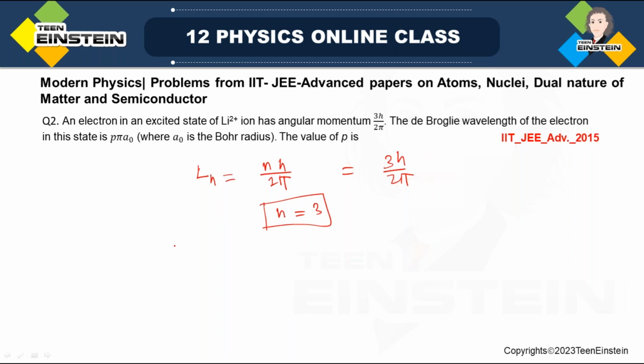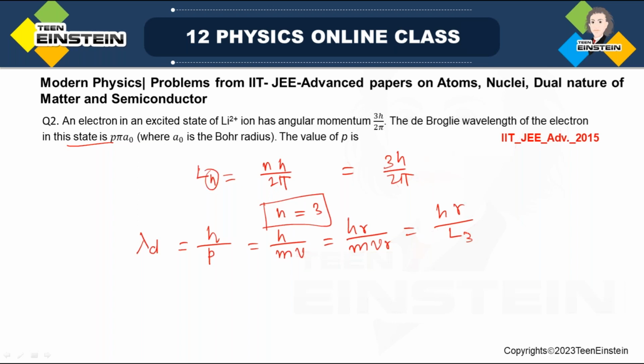Now we know the de Broglie wavelength lambda d will be h by p. p means h by mv. So if we multiply by r, mvr means L. So this is h into r by L. L3 here, Ln means n is the orbit.